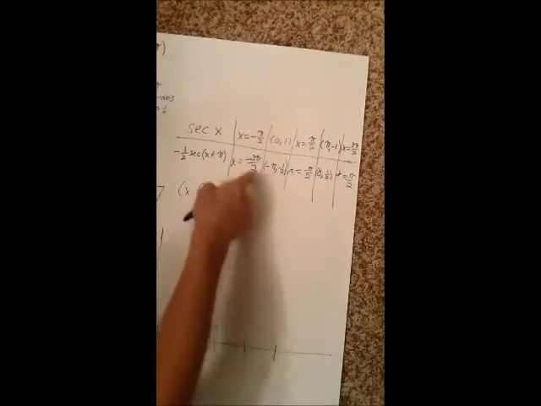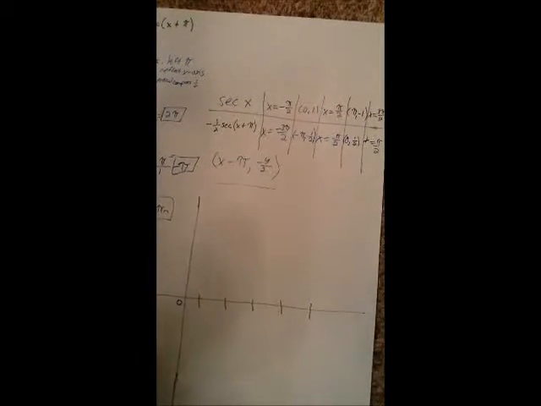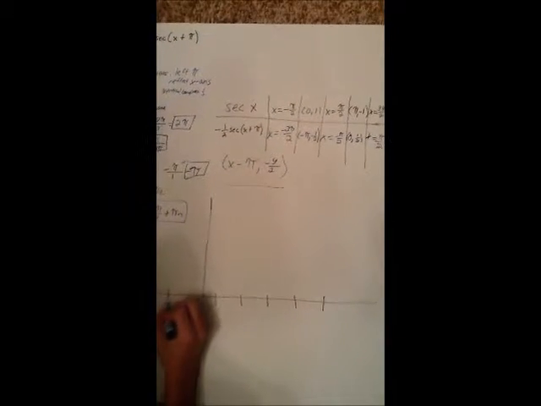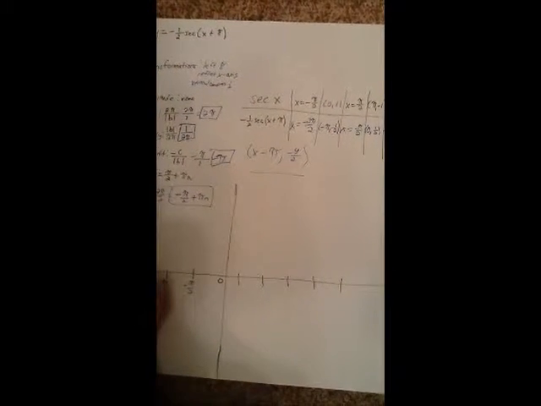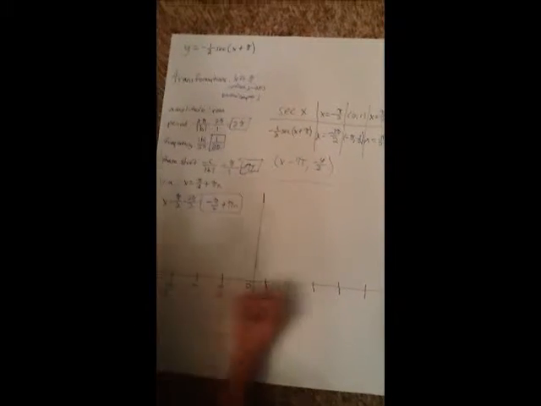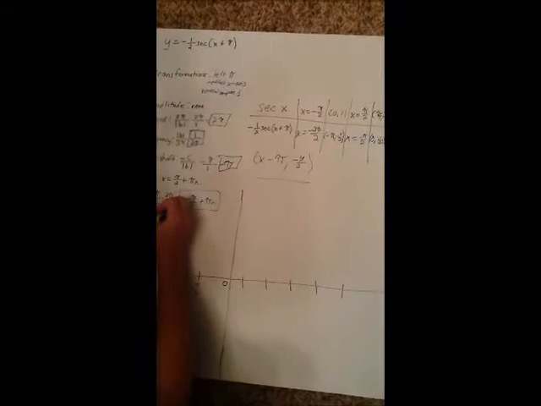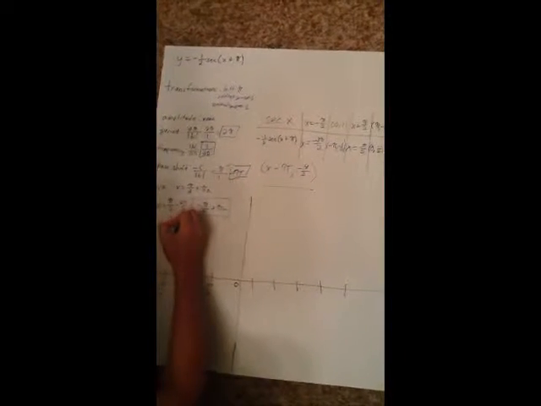So now, using these points that we just found from the parent function, we're going to graph the function. We're going to have asymptotes at every pi over 2.